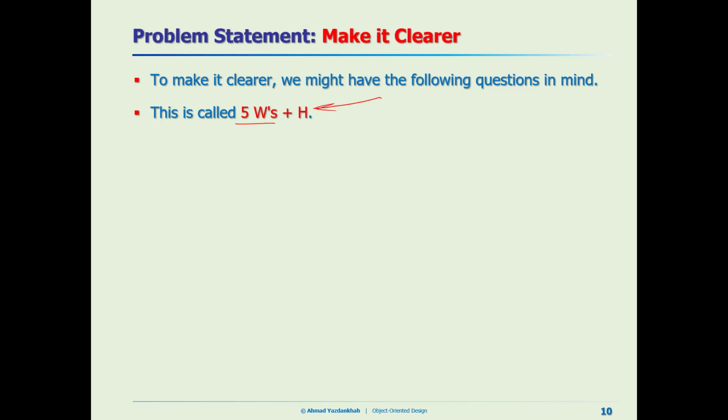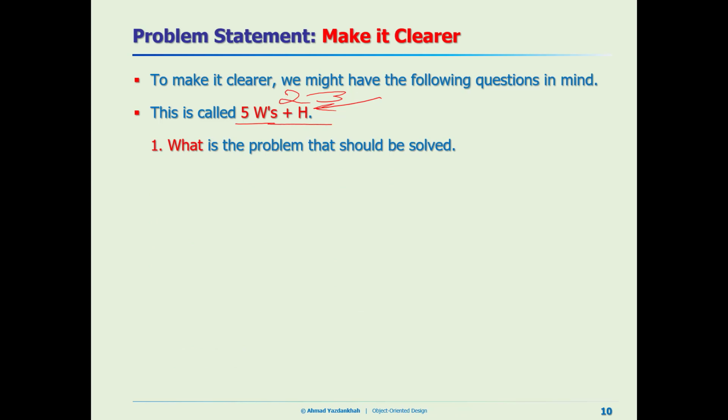In some articles you might see 5 W's and 2 H or 3 H. I don't know. But I am just mentioning this here for your reference. So this way you can start writing, by answering these questions.